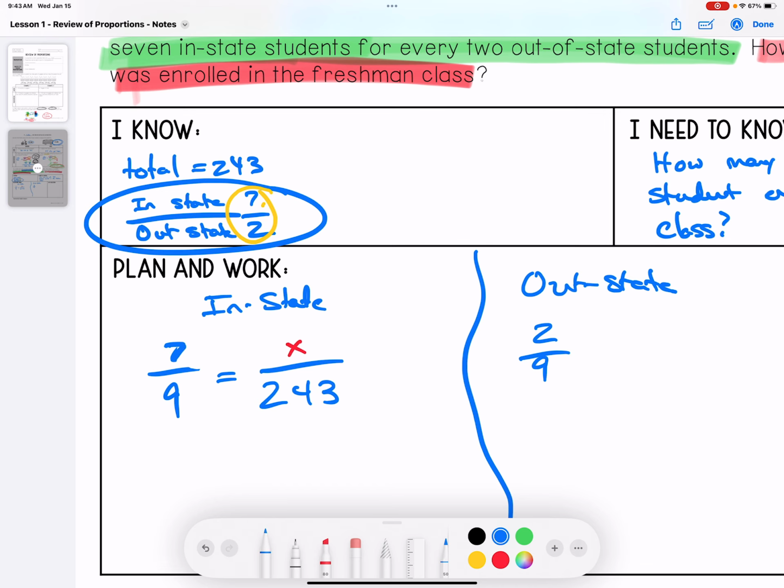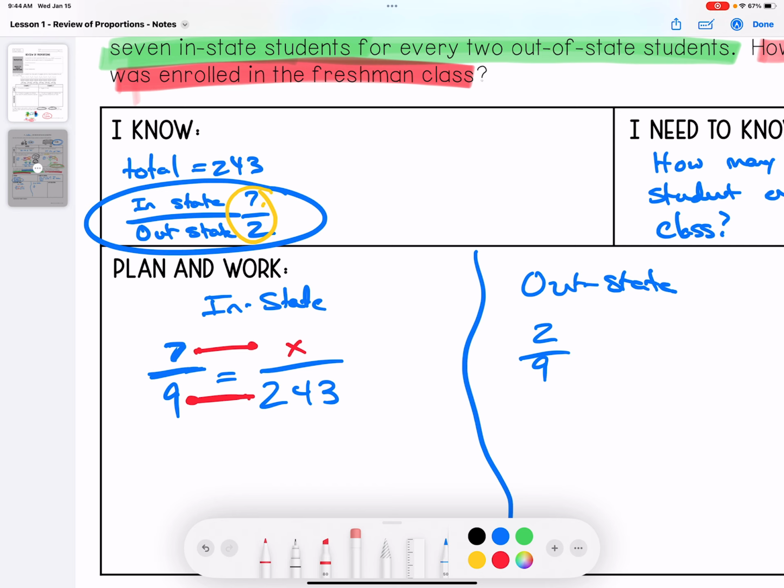One is just bigger or smaller than the other. So there is a total of 9 here and a total of 243. And there's 7 in-state for every 9 total. So if you make that 243, how many would that be? We're taking this 9 to 243, and then we're going to take this 7 to whatever that number is.